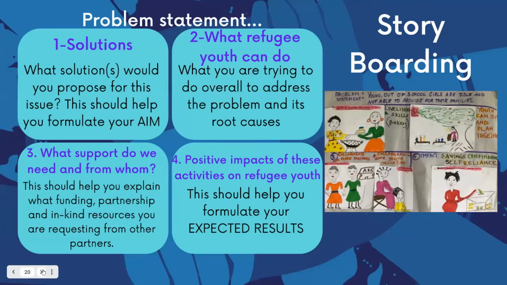And then they went to box 2, which was on what is the role of youth, or who is involved. They identified that youth can sit together and plan together. So if the solution is to have a livelihood training, to get to that particular training, young people can come together and sit down and discuss, this is what we think would really work. And then they came to box 3 and asked, what support do you need and from whom?